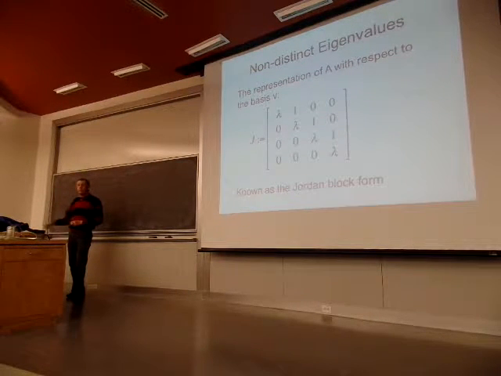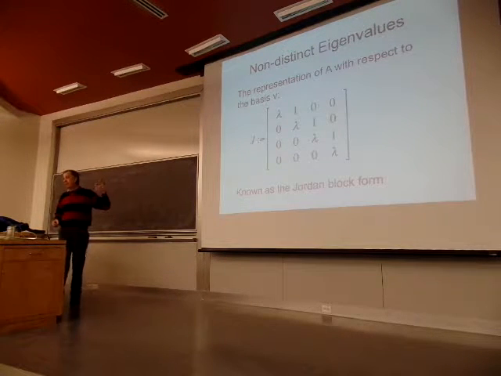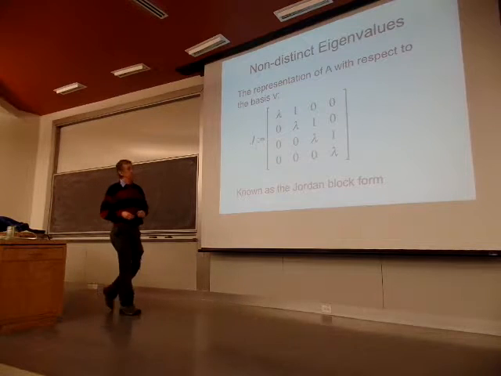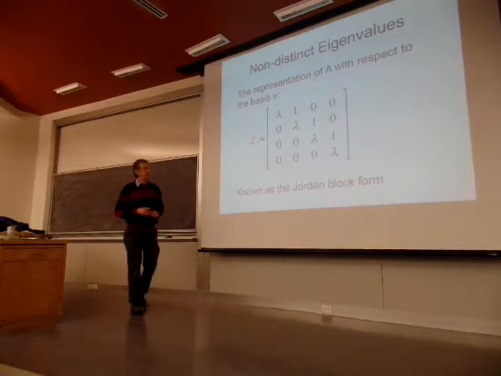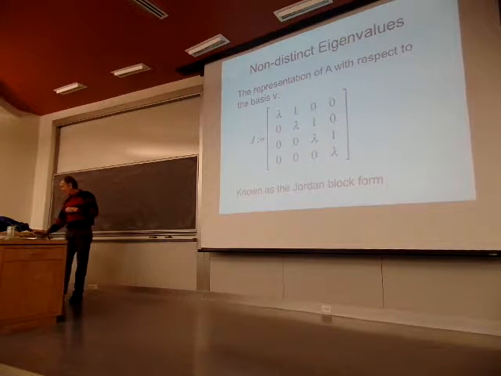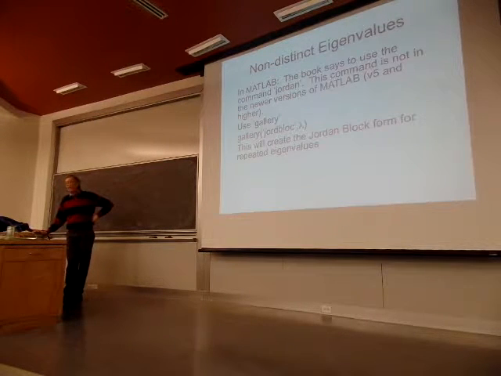Ever seen the Jordan form before? This is the most general form for the eigenvalue, eigenvector problem. It is not diagonal, but it is a solvable solution for it. Okay.